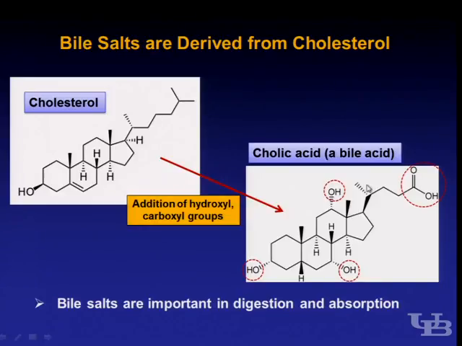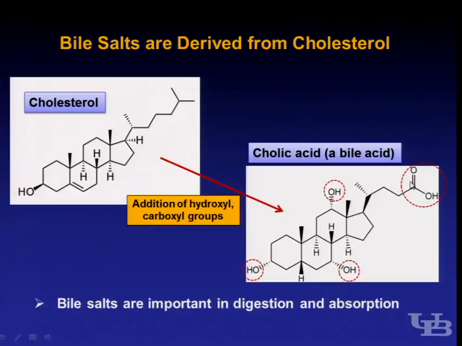So, bile acids, they assist in what? Digestion. We'll see that a little bit better on Monday, I think. But if we take cholesterol to get bile acids, we are going to modify it by putting hydroxyl groups on and by putting a carboxylate on it.